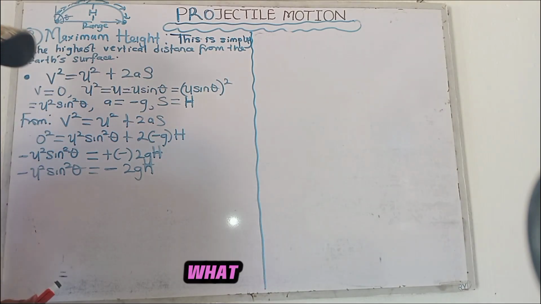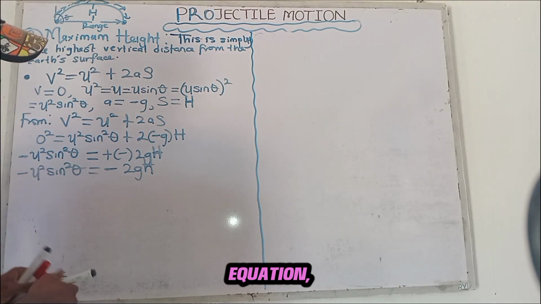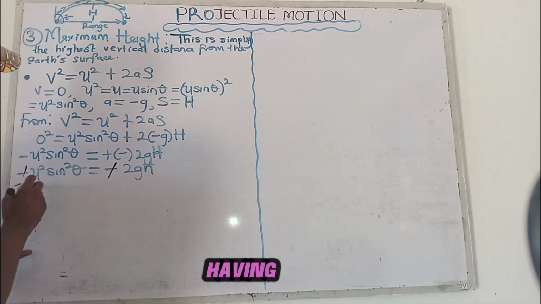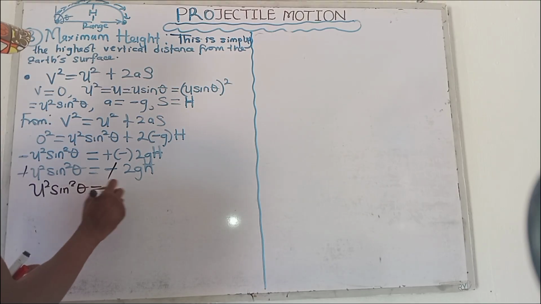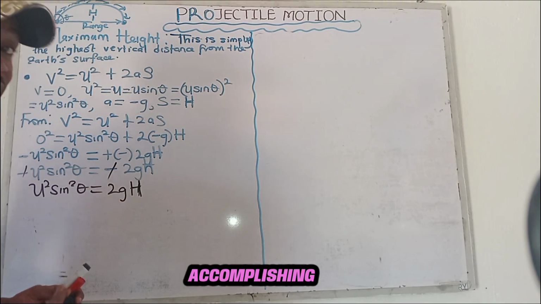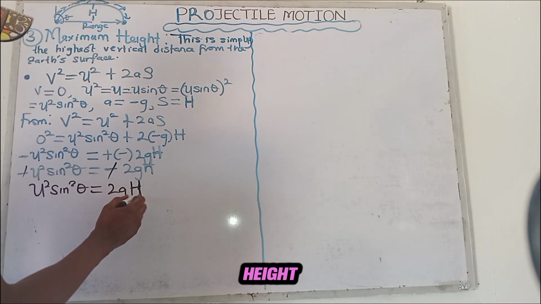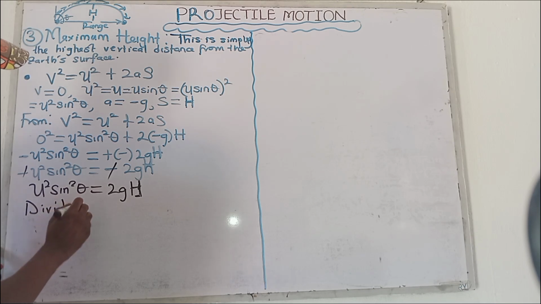At this point, we have negative signs on both sides of the equation, so the negative would cancel out the negative, and what we'll be left with is u squared sine squared theta equals 2gH. Now we are getting closer to accomplishing our mission, which is to get a formula for maximum height H. The next step is we'll have to divide through by 2g.